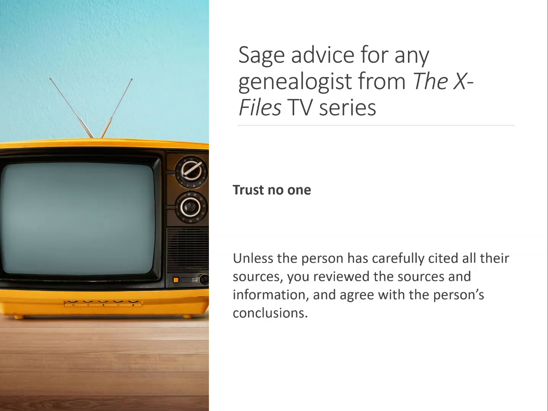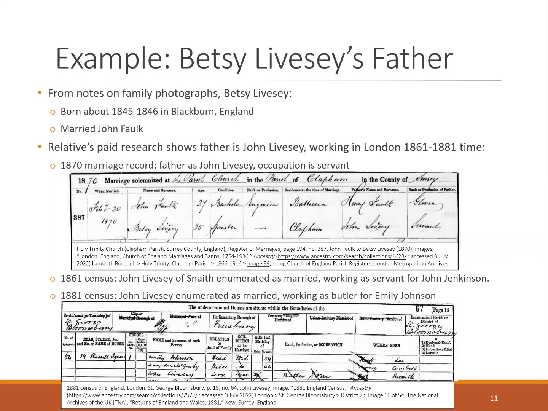In Family Search, there's an area where you can put in the information why you think a certain record belongs there or proves the fact. So unless you carefully review the people's citations and review their sources and agree with their conclusions, you shouldn't use it. But again, if you're doing all that, you're not trusting them anyway. So, bottom line, trust no one.